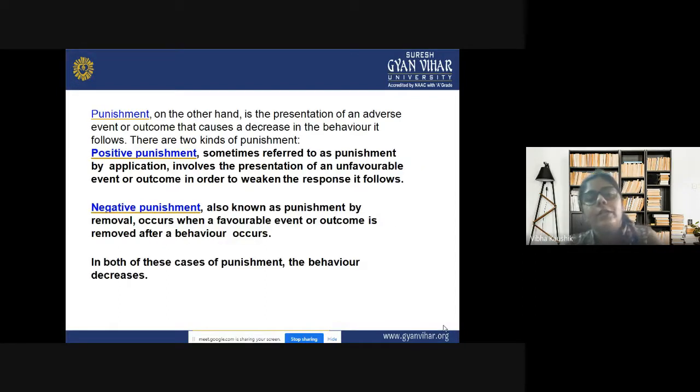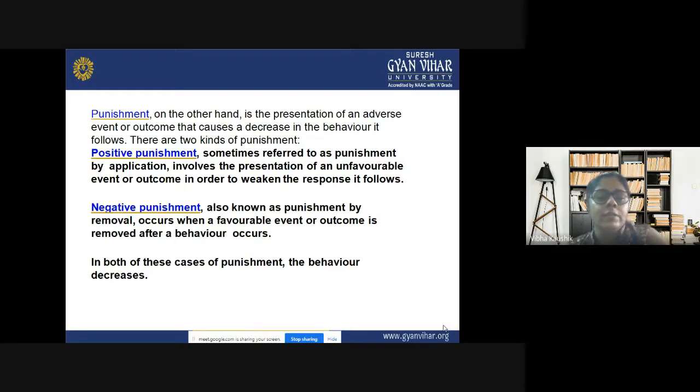Now, punishment, on the other hand, is the presentation of an adverse event or outcome that causes a decrease in the behavior. It follows there are two kinds of punishment.